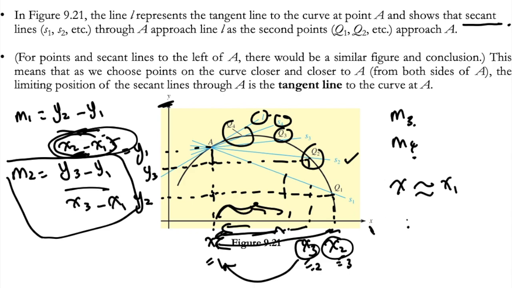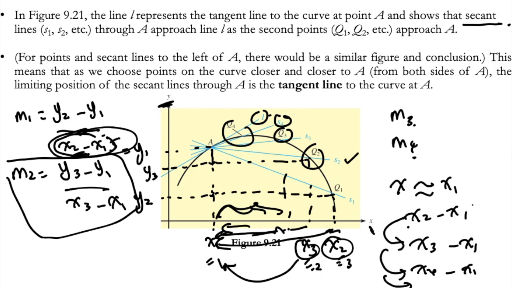So that means the difference here, x2 minus x1 or x3 minus x1 or x4 minus x1 here, moving from here to here to here, so on and so forth. So let's call this one change in x, this one also change in x. Change in x here becomes smaller and smaller.